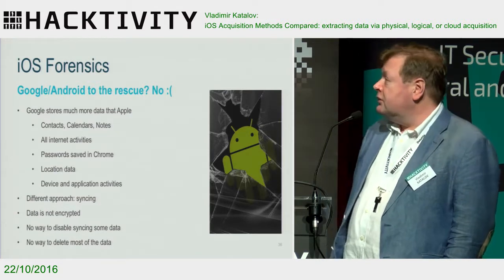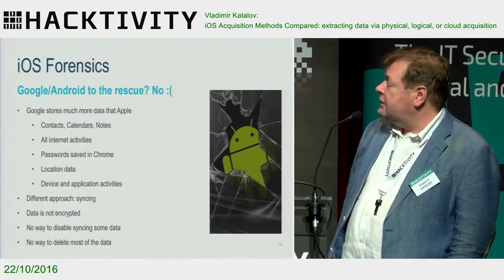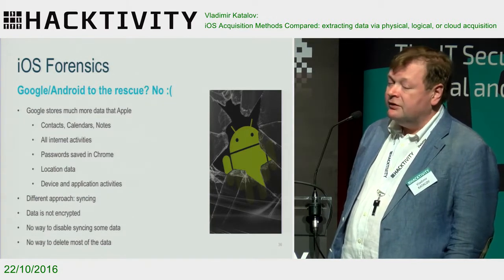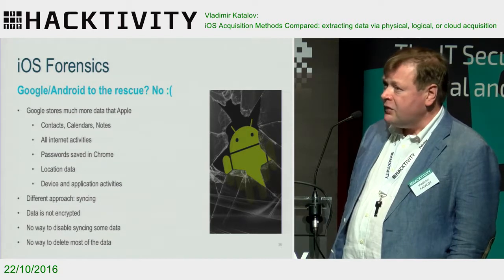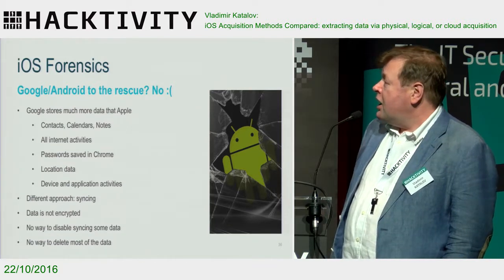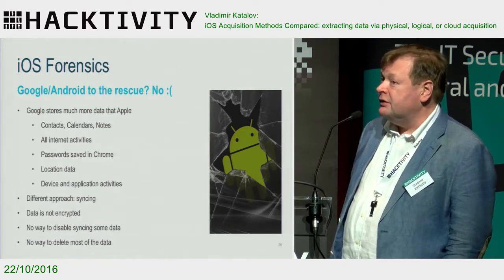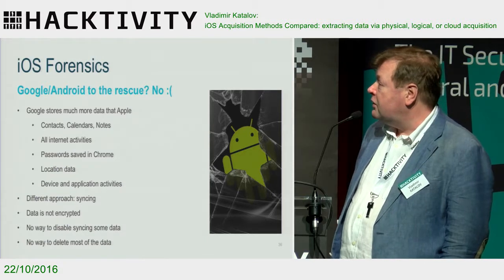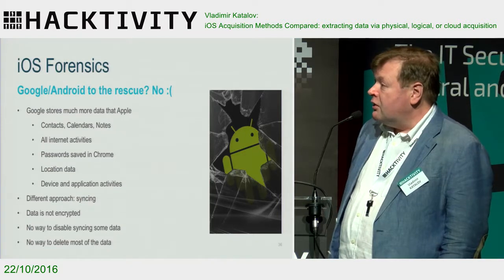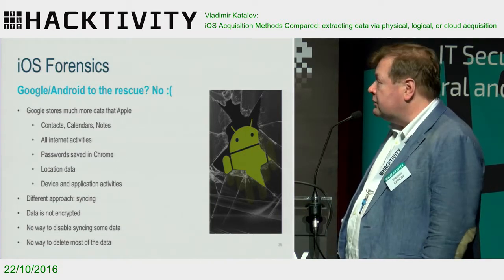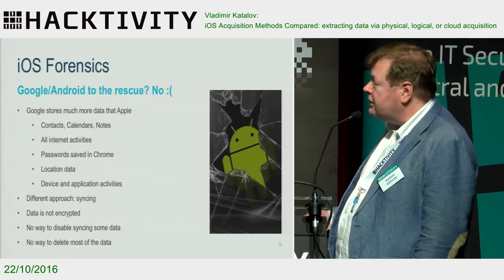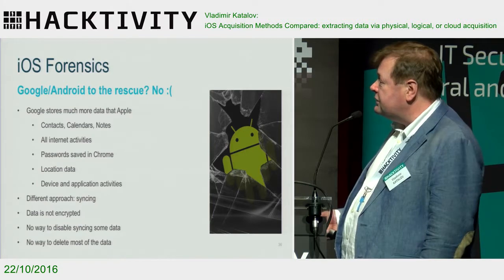But still, Google used a different approach, as I said: the synchronization mechanisms. And if you enable it, and sometimes you don't even know that it is enabled, but it is, most of the information is being synced between your Android devices and your Google account, including all of your internet activities, all the data you type and enter into Google Chrome, and the passwords saved there, sometimes even the credit card numbers, or at least the last 4 digits.